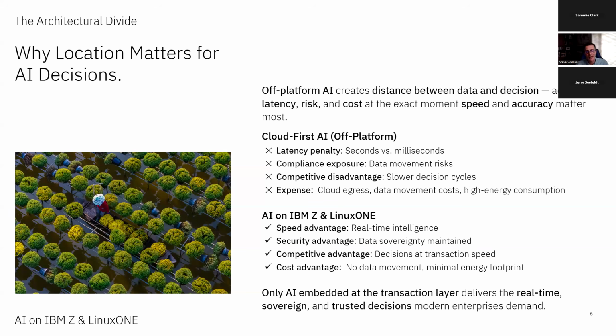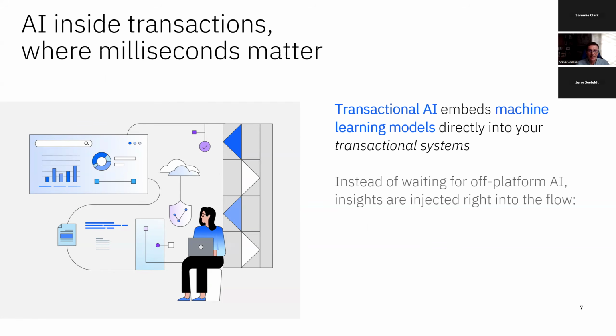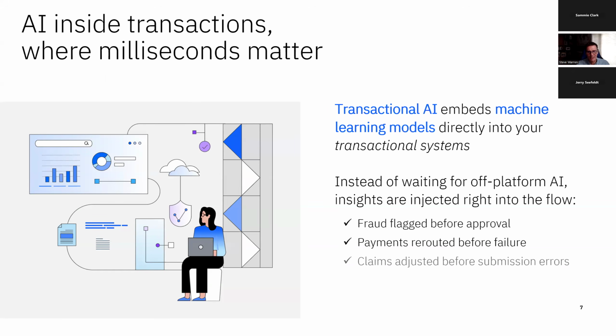So there's a lot of positives, and for certain use cases, AI on Z or AI on LinuxONE makes a whole lot of sense. Transactional AI embeds machine learning models directly into those transaction systems, and instead of waiting for off-platform AI, we can inject those insights directly into the flow of our transaction.